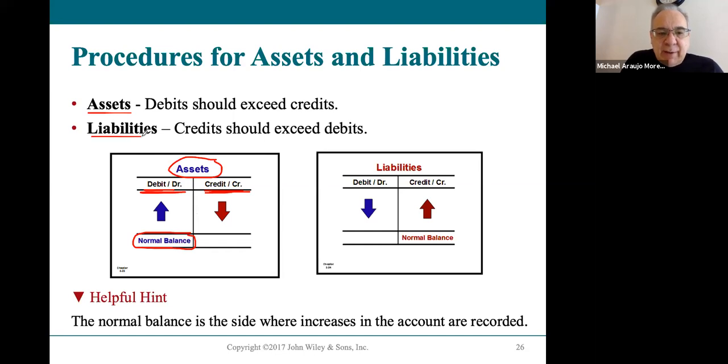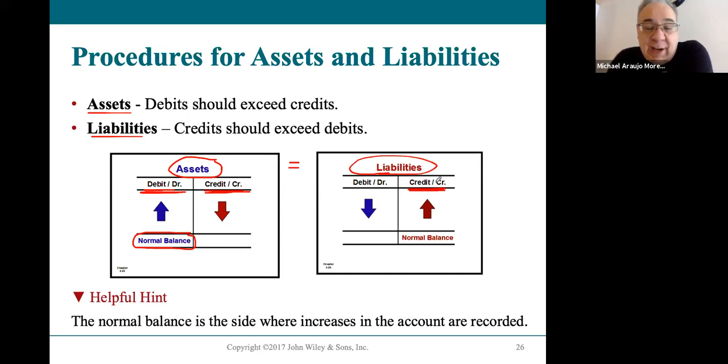However, on the other side of the balance sheet, remember, assets equals liabilities and stockholders' equity. So in essence, that equal sign on the balance sheet flips the accounts. All liabilities increase on the opposite side of assets because they're on the opposite side of the balance sheet. So all liabilities, where we show we have more of a liability, will show up on the credit side of the account.